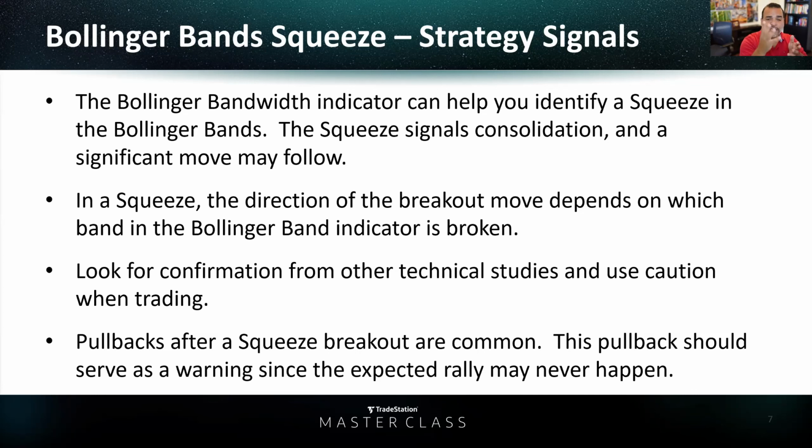If you have a bullish signal and all of a sudden you get what's called a pullback, maybe the signal is not as strong as you thought it was, and maybe the price is going to reverse and go in the opposite direction. So those are things that you have to consider by looking at the chart and looking at other indicators to confirm.